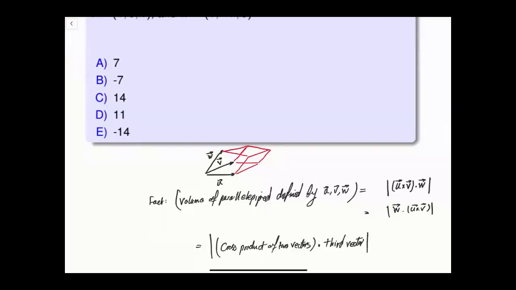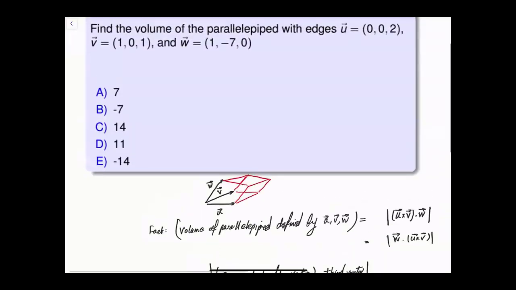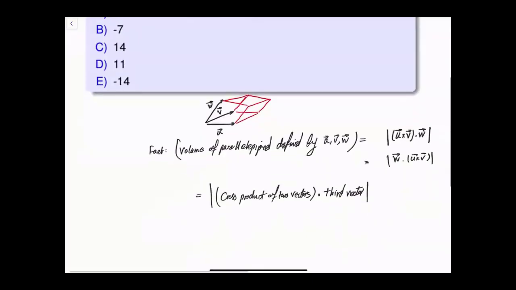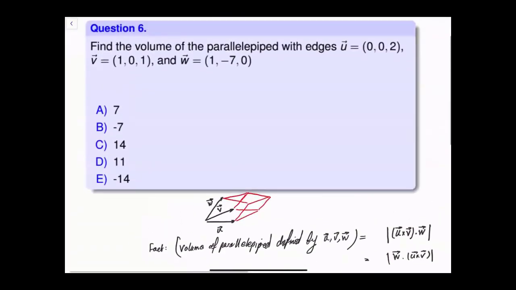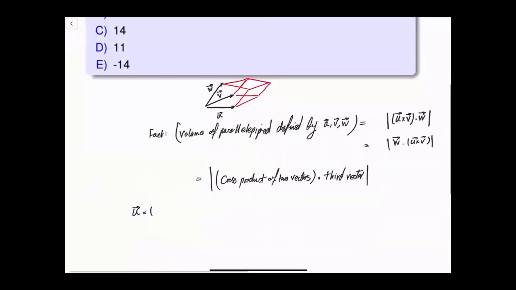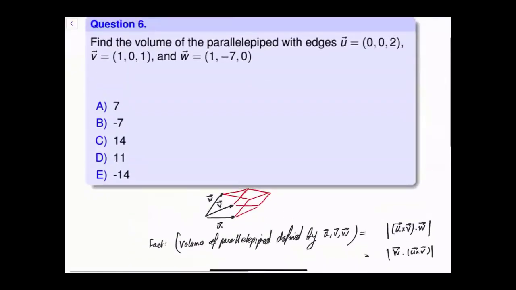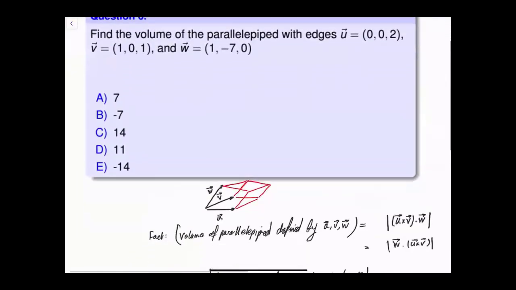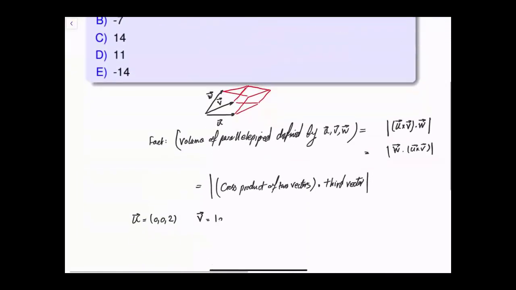Okay, so in this specific case, we have U, which is 0, 0, 2. Vector V is 1, 0, 1.